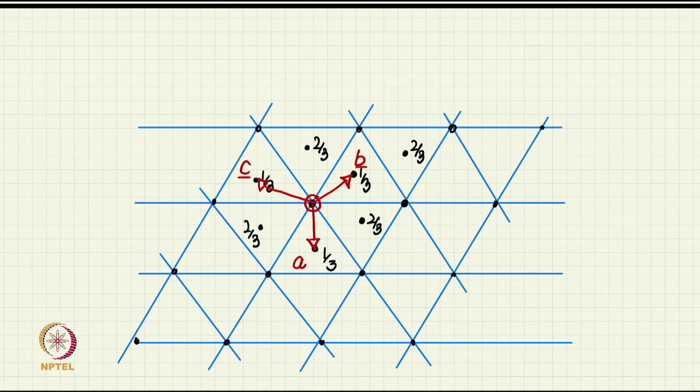You can see that these 3 vectors will have equal lengths because all of them are symmetrically distributed about the central point. If you so wish, you can use trigonometry and geometry to show that these vectors are of the same length.